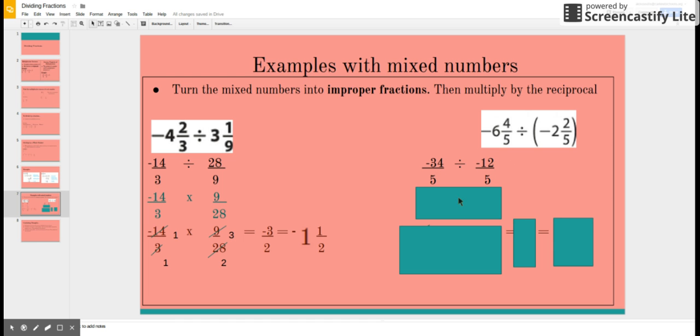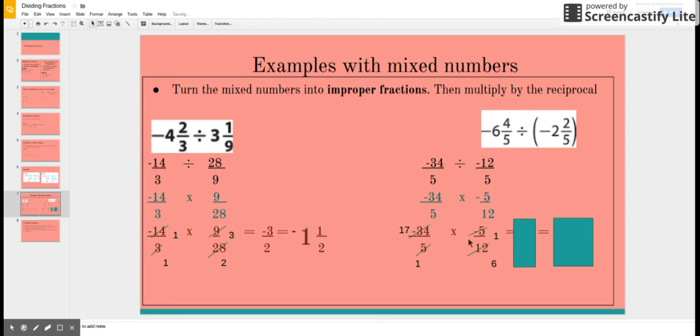And now we're going to multiply by the reciprocal. So we're going to do negative 34 fifths times negative 5 twelfths. All I did was flip this fraction and multiply. Okay, right away I can see that I can cross cancel again. 5 goes into 5 once, 5 goes into 5 once. And then here I just cross canceled by 2.